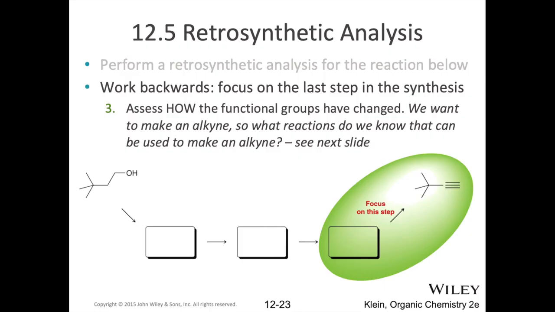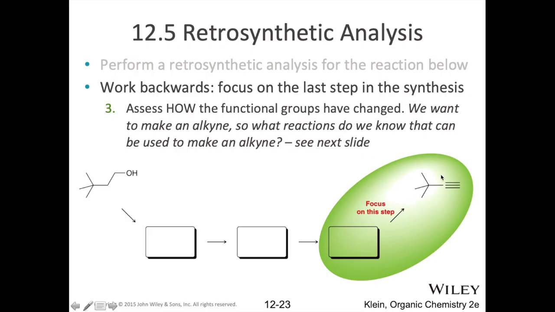Okay, so we could start off with our alcohol and ask ourselves, what can we do with this alcohol? What can we make? And then from one of those products, what can we make from that? And so on until we get our alkyne. But that might be tough to do. There's lots of reactions you can do with an alcohol, right? So it might be better, since there's only so many reactions that can make an alkyne, to work backwards here.